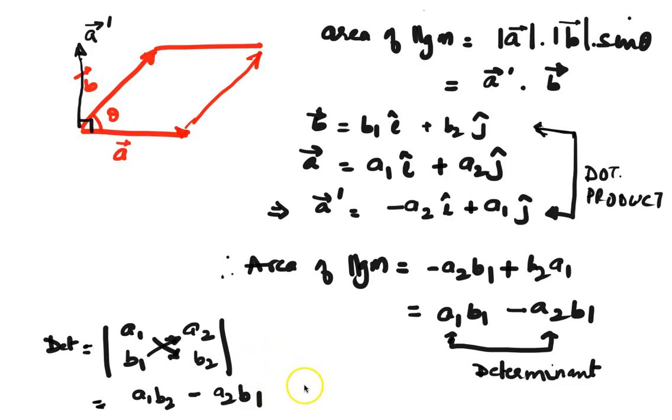Okay. However, note one thing. There is no guarantee of the sign. Depending on which number is bigger, we can get either plus or minus, right? So the area of the parallelogram is therefore the mod, which is the absolute value, of the determinant of A vector and B vector.